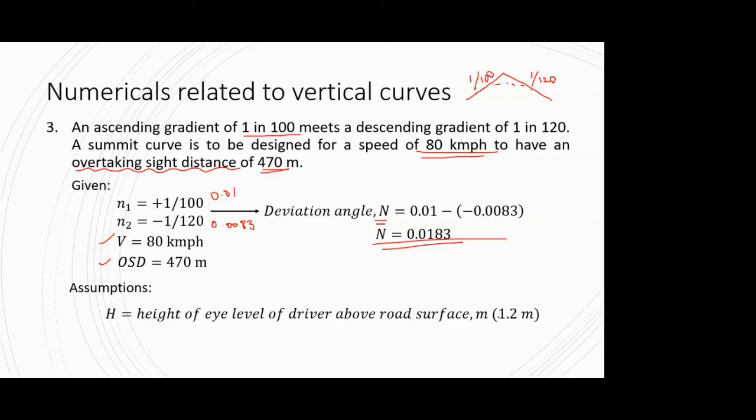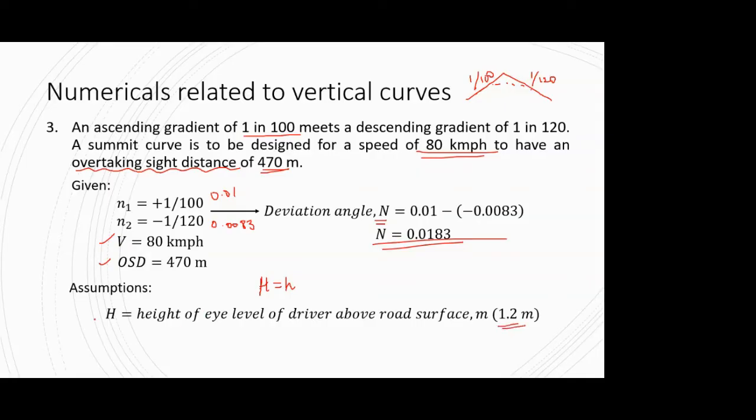And again, the assumption that you will need is, in case of OSD, if you remember the formula of summit curve, whatever is the capital H, that is equal to small h, because we are using the same formula as SSD. The only difference is the small h is nothing but the vehicle coming from the opposite direction, which also has a driver whose eye level we consider as 1.2 meters.